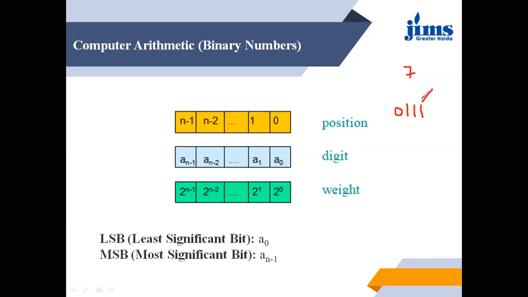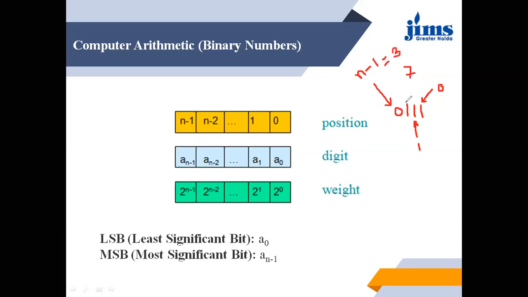The bit on the right is represented by position 0. The next bit is represented by position 1, and the last bit, that is this 0, is represented by n minus 1, and n is 4 over here. This is 4 minus 1, that is 3.